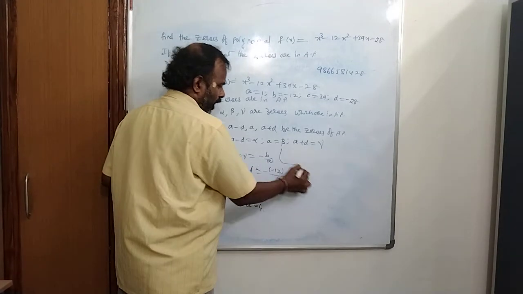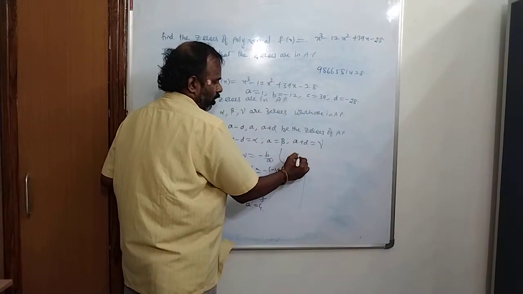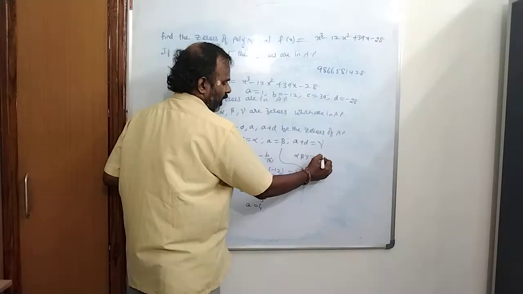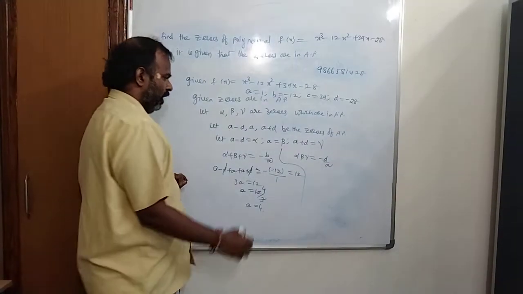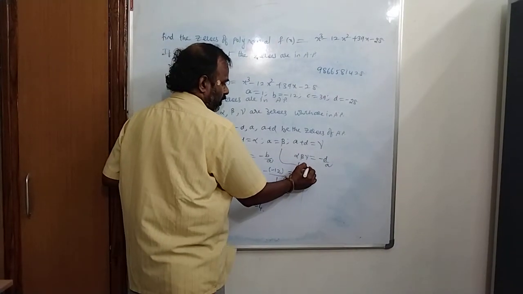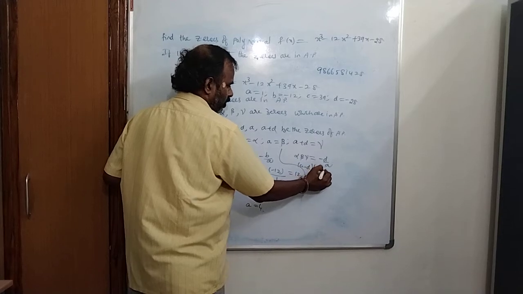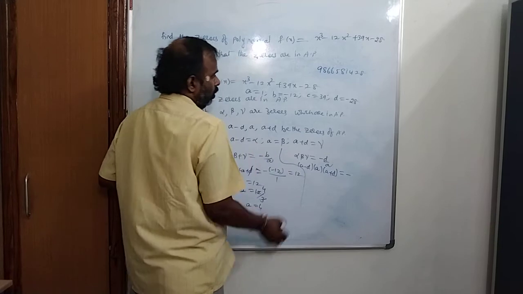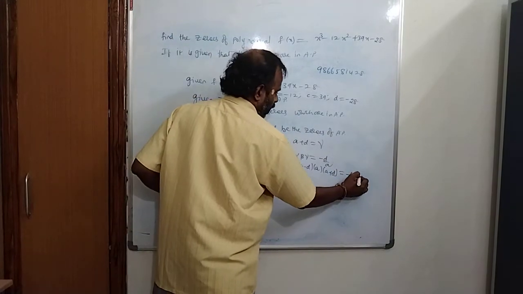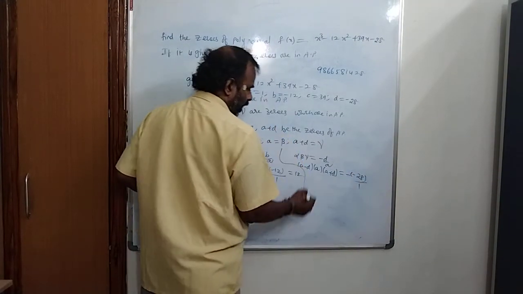Okay, so now the product of zeros, alpha beta gamma, is equal to minus d by a. Alpha is a minus d, a, into a plus d, is equal to minus of minus 28 by 1.